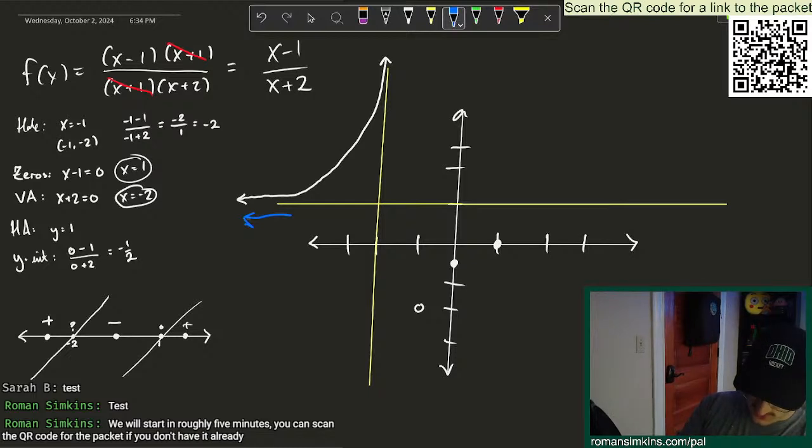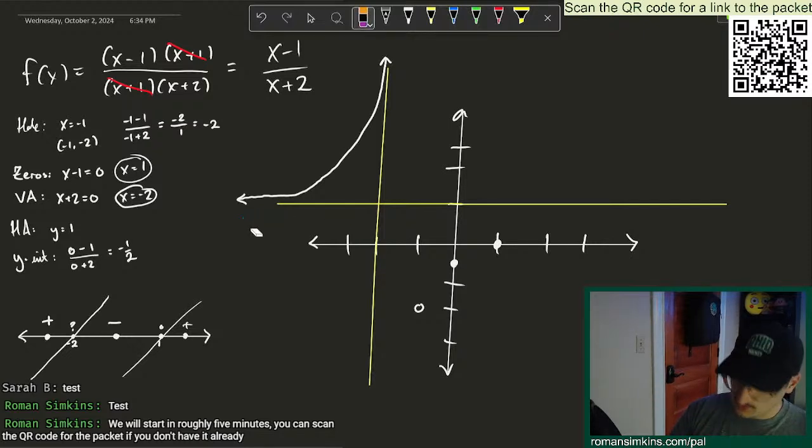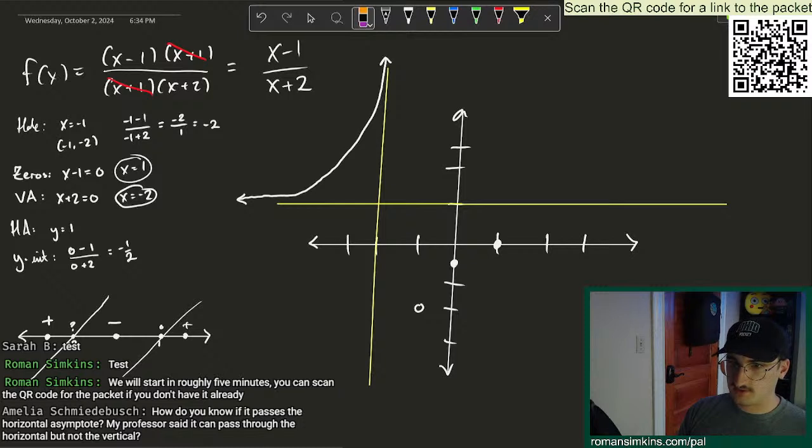But if I keep continuing this forward, I'm going to run into an issue, because I don't want to cross that vertical asymptote, and I can't cross the x-axis because I can only cross it in a place where 0 occurs. Because no 0 is occurring in this part of the graph, I know that my function can't actually be in that spot, if that makes sense. So let's go ahead and draw out what that might look like.